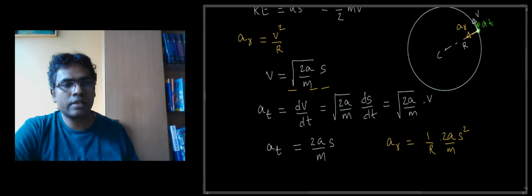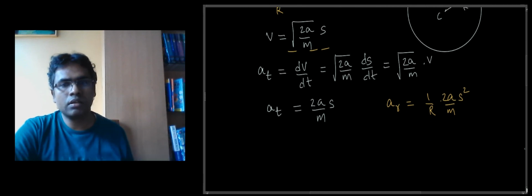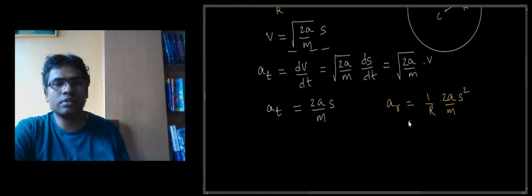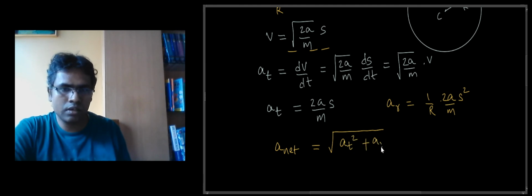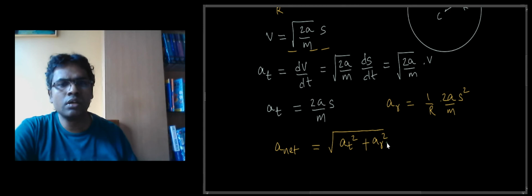Now the net acceleration acting on the particle will be a vector sum of these two accelerations. Because the angle between the radial acceleration and the tangential acceleration is always 90 degrees, we can write the magnitude of net acceleration as square root of at squared plus ar squared.